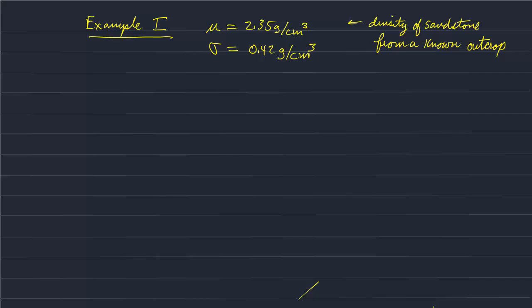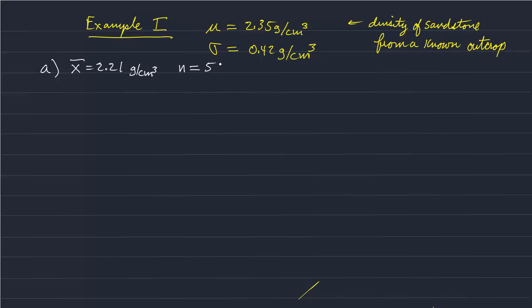So say we take a sample, it could be from an outcrop that's nearby, or it's just another sample that we take, and we measure a density in our sample of 2.21. And in this example, we're going to say that our sample size is large.